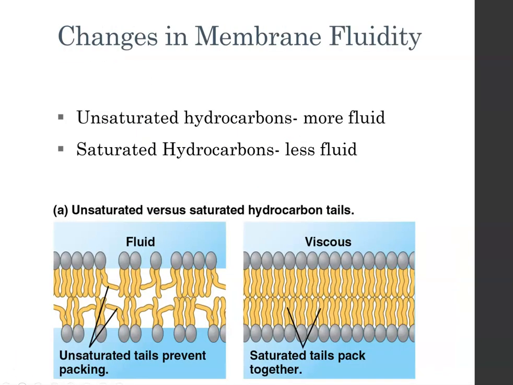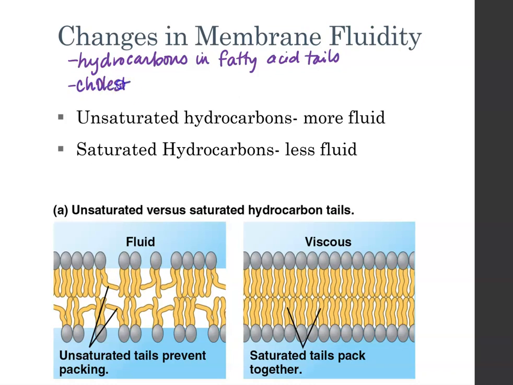There are a couple of factors that can cause changes in the membrane fluidity or help regulate how fluid that membrane is. One is the type of hydrocarbons in those fatty acid tails, and another is cholesterol.